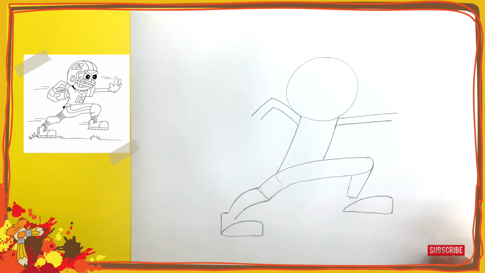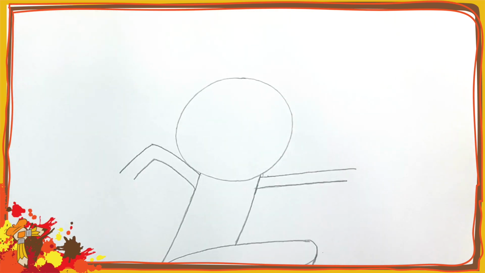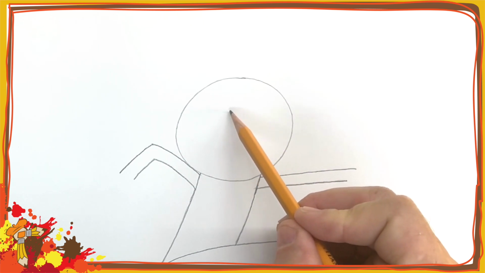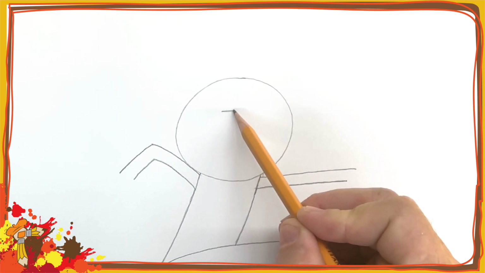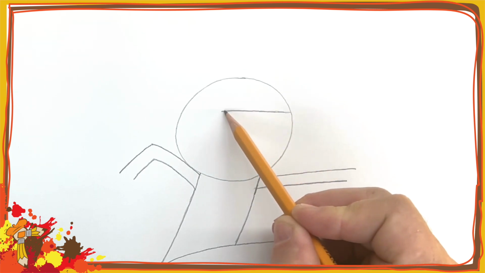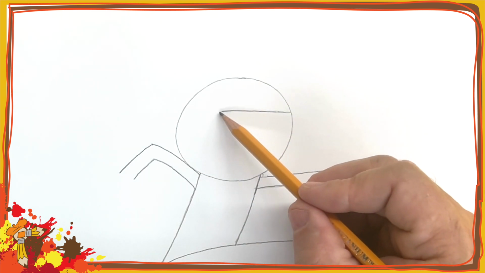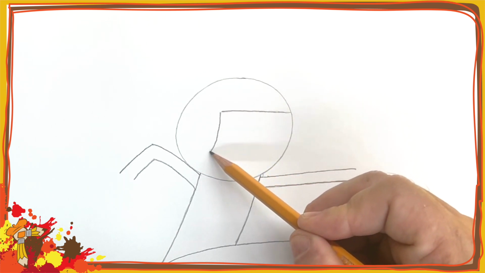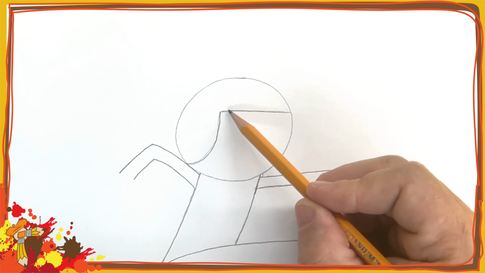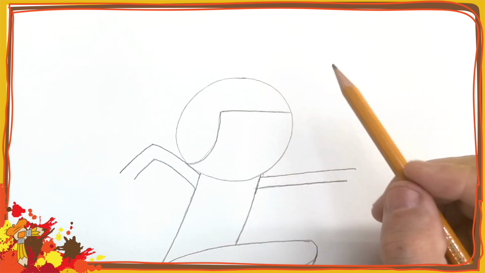Now we're going to go ahead and start on his head. For that, let's pencil in the helmet. We're going to start up top, draw a line straight across. This is just going to be a rough idea of where the helmet's going to be. And then we're going to curve it down, just come down and right back into the left side, just like that. And we're going to make the helmet a little bit larger than his head.